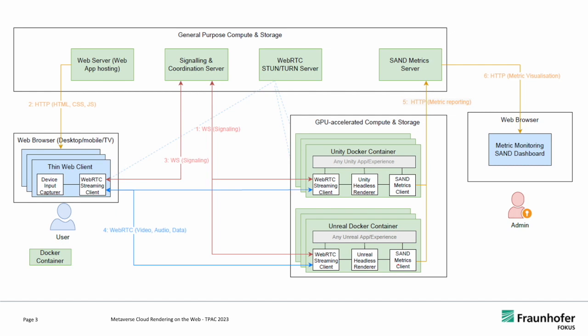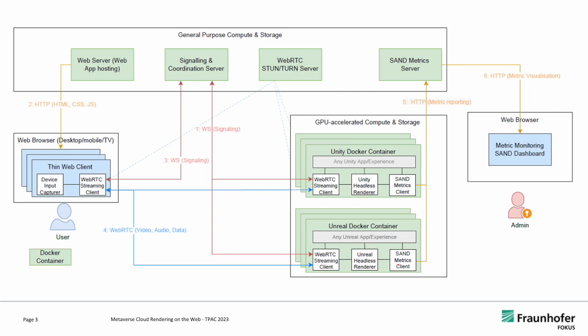This diagram provides an overview of the high-level components of the cloud rendering architecture. Notice that WebRTC serves as the primary protocol for streaming audio and video feeds from cloud-rendered applications to the browser. User interactions like mouse or keyboard inputs are transmitted to the cloud renderer through WebRTC data channels.